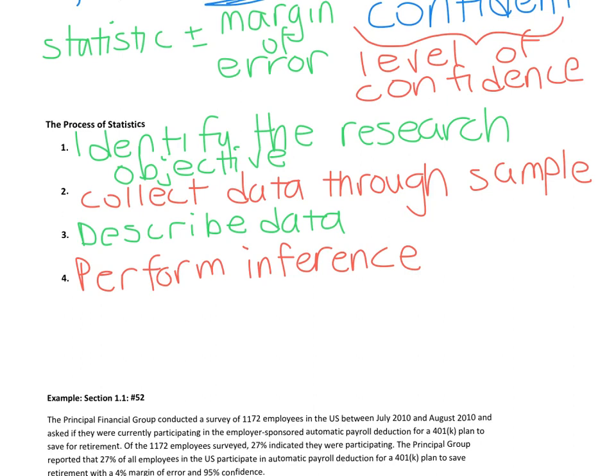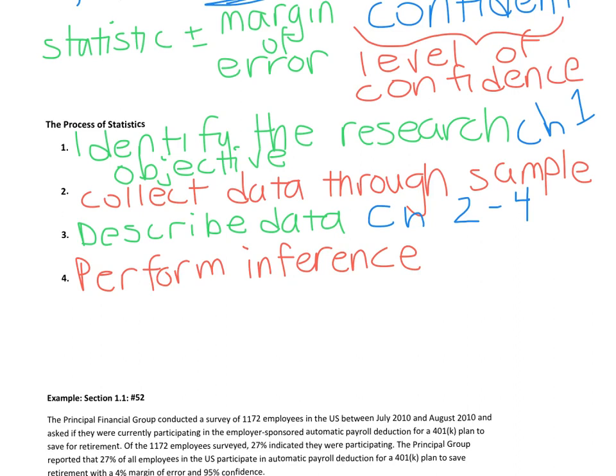All right, and this process of statistics walks us through our semester. Collecting data through sample, that's going to be chapter 1. We're going to get all our vocabulary words out of the way. That's chapter 1. Describing the data, we're going to be using charts, tables, numerical summaries. That's going to be chapters 2 through 4, where we're going to be describing data.